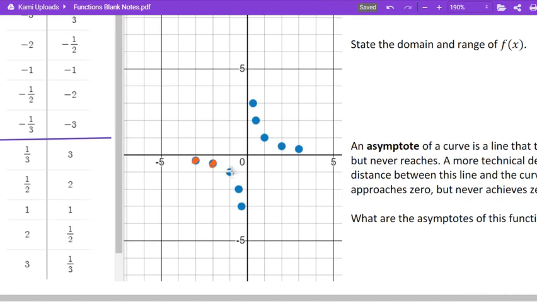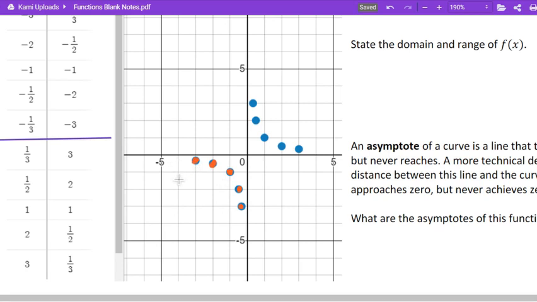When x is -1, y is -1. Well, how about when x is -1/2, y is -2? So do you sort of see the pattern in these numbers? The function is always getting closer to one of the axes.